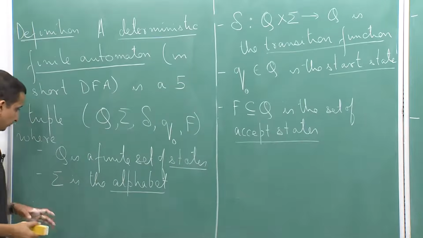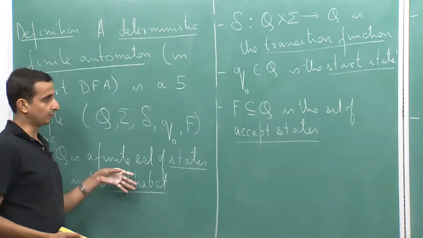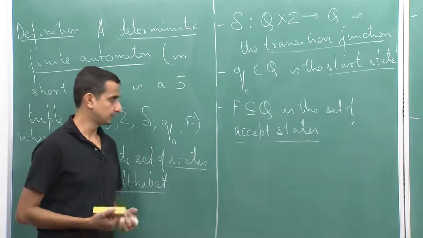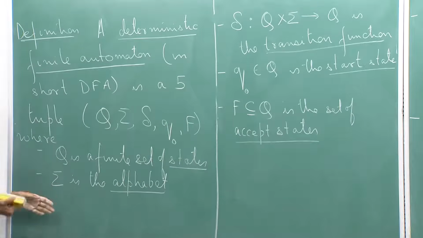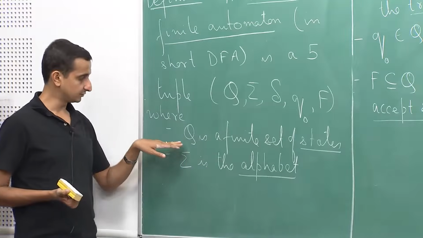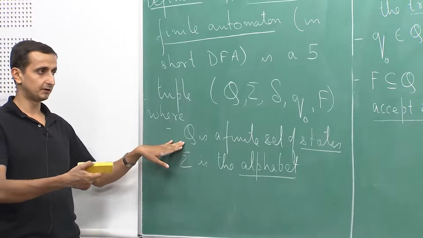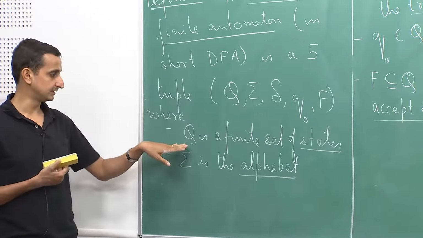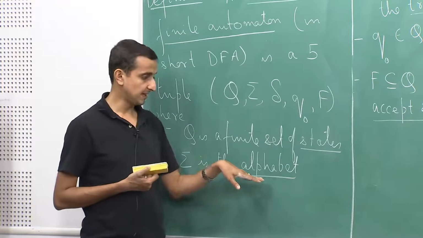So now observe that once we have such a description, it exactly quantifies the example that we gave earlier, that of a deterministic finite automata. So let's go over it. Q represents the states that we have. So in this directed graph, it is the set of vertices. Sigma is the alphabet.